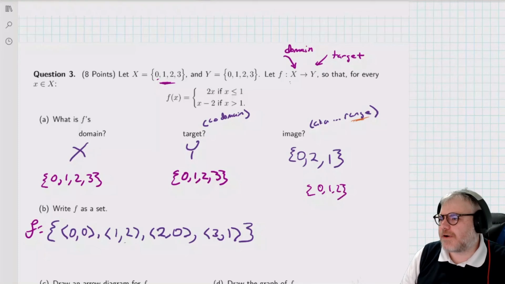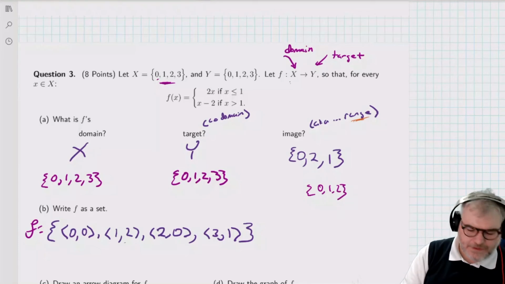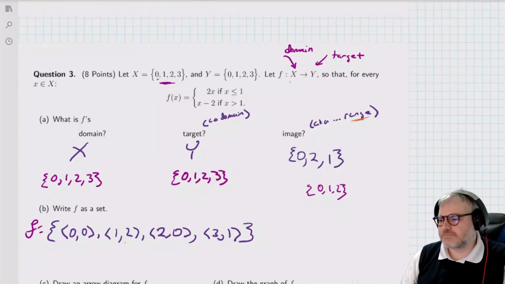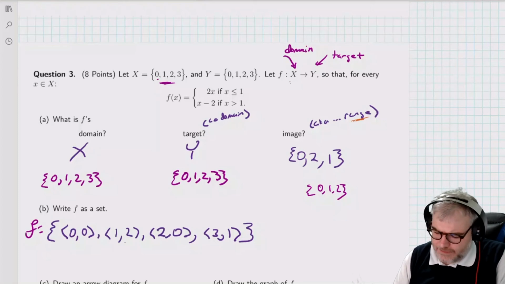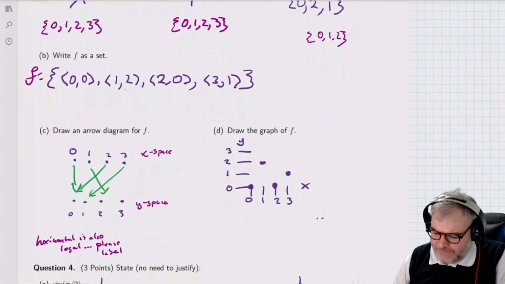Okay, so that last bit of part A, how do we feel? All right, let's draw an arrow diagram for f.